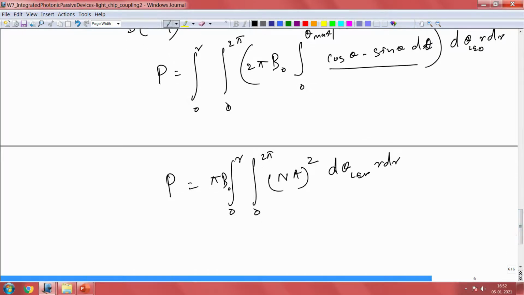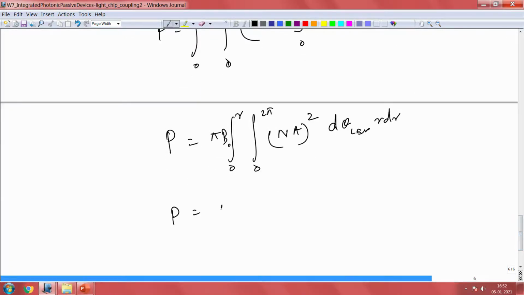So, your numerical aperture becomes very important here. So, you can simplify this, right, and the power coupling will be pi squared r square times B naught into NA the whole square.